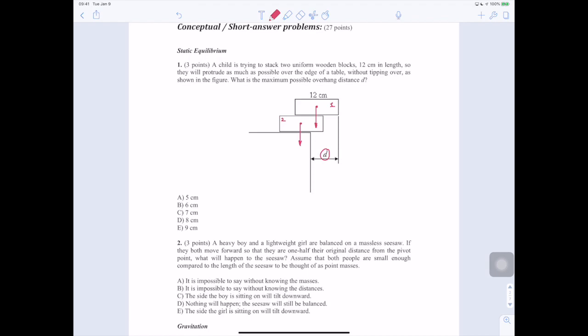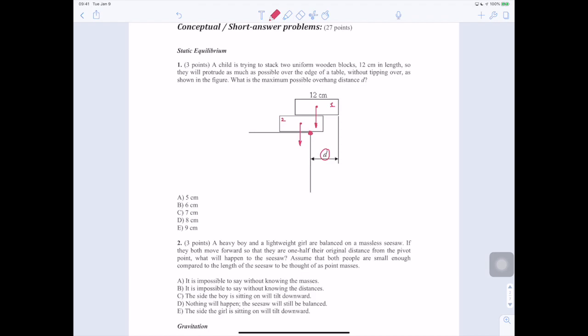That force from block 1 onto 2 gives rise to a downward force onto block 2, giving rise to a potential torque around this particular point of rotation here. So how far can we push this top block to the right?